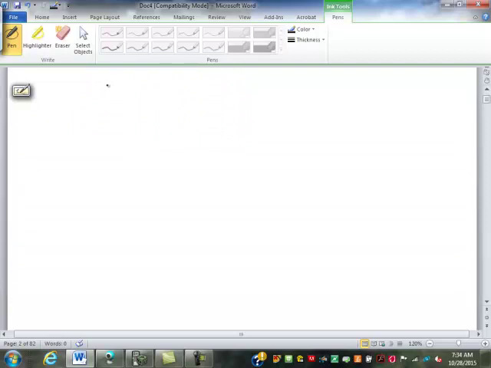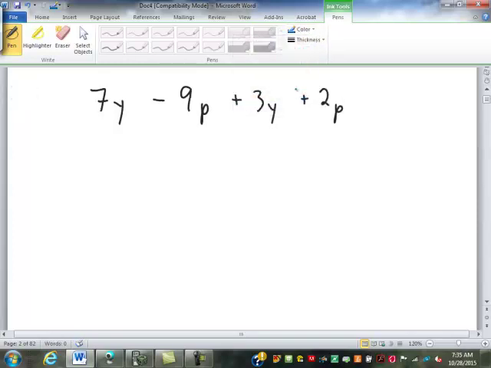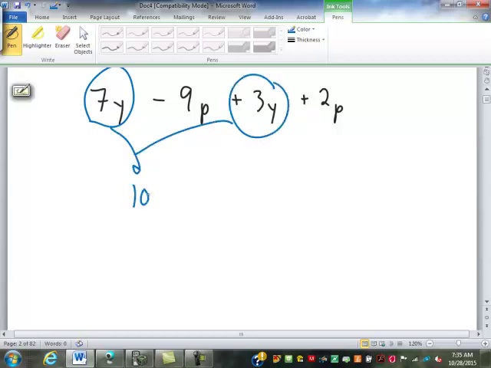So let's look at something like this. How would we do something like this? Or what could we do with something like this, I guess I should ask. Combine like terms. Combine things with the same name. So how about the 7y? Is there anything I can combine with that? 3y to make 10y.